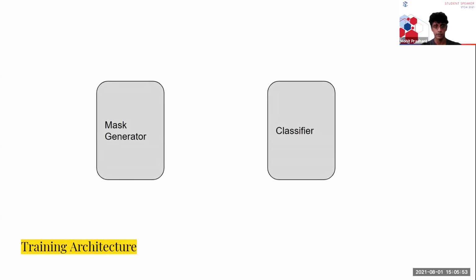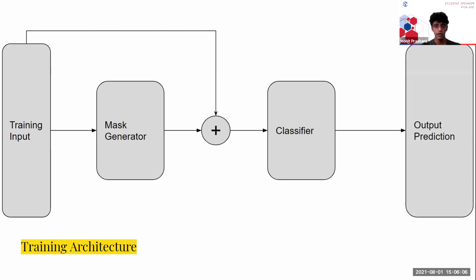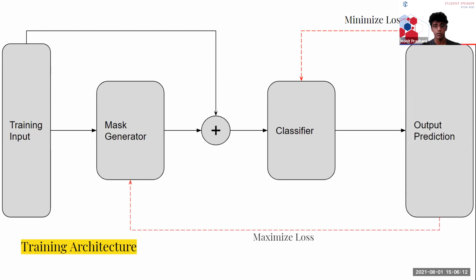We'd have a mask generator and a classifier. We'd pass our training input into the mask generator, which would then yield a mask, which we could then add to our training input as shown previously. This would then be passed to the classifier, and our output prediction could be used to calculate loss. Now, our classifier would aim to minimize this loss, and our mask generator would aim to maximize this.